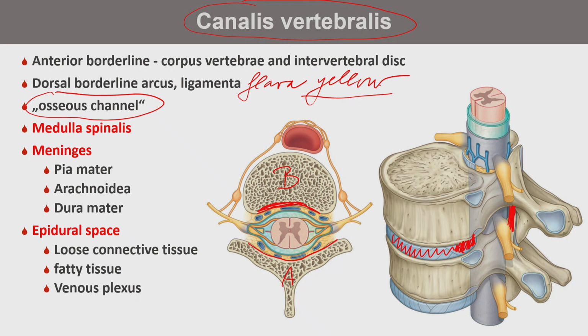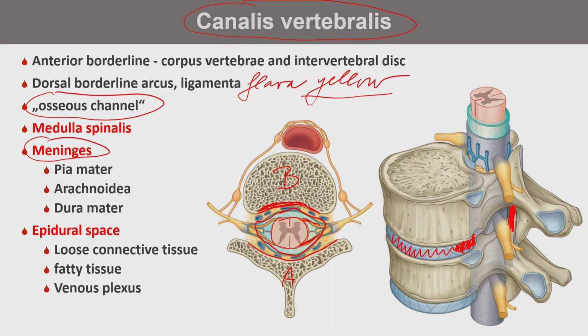Then the spinal channel is containing soft tissues. From center to periphery, we have inside the spinal cord at levels where the spinal cord is, then some neural structures arising or going into the spinal cord, so roots, and the whole spinal cord is localized in the sac of meninges.